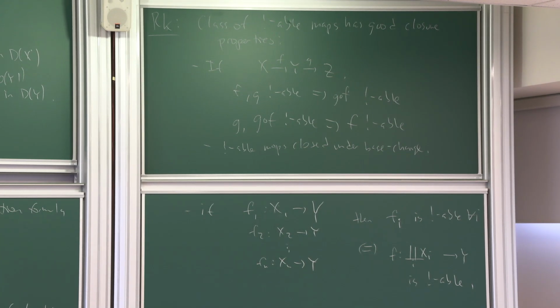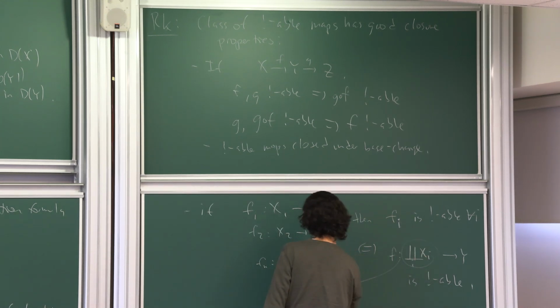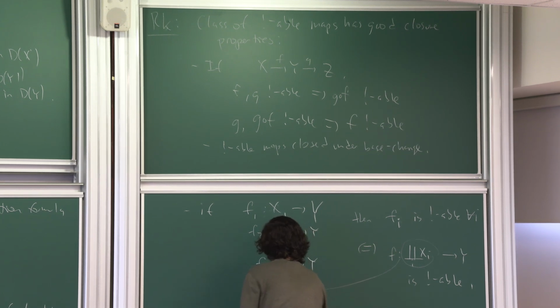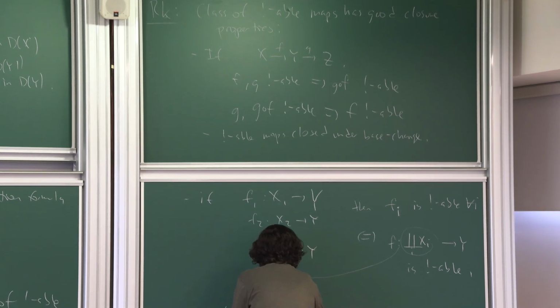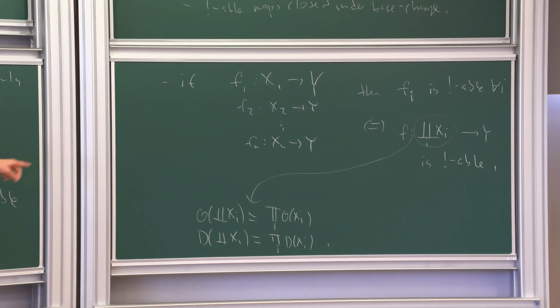And these finite disjoint unions in this category correspond to finite products in this category of analytic rings, and they're just naively defined coordinate-wise. So, for finite coproducts.